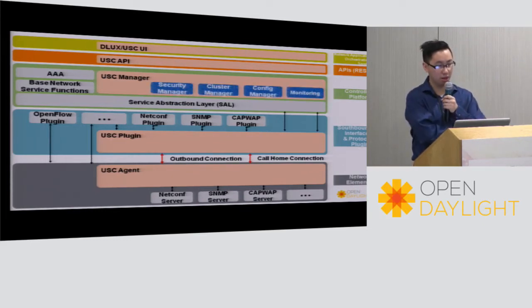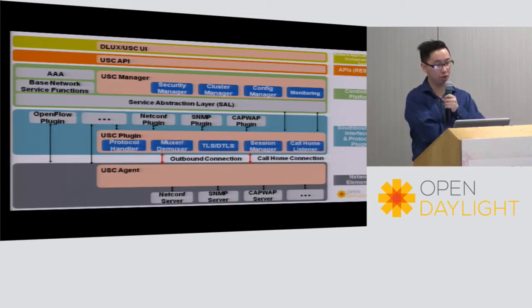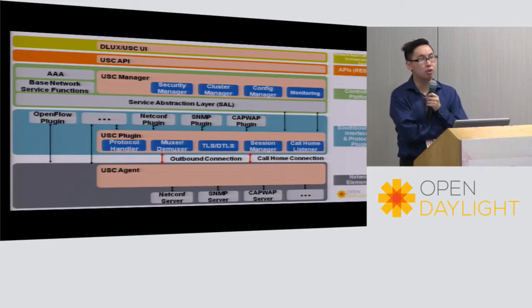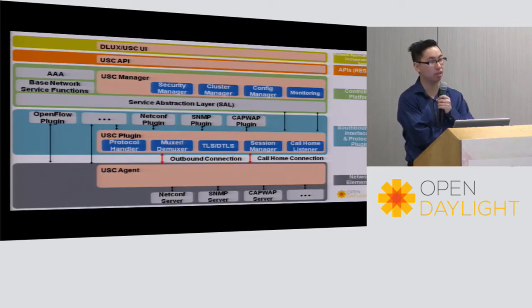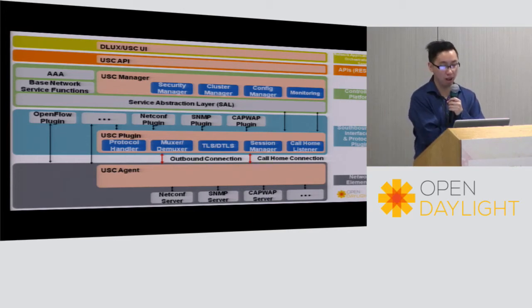Going over this again: the USC manager has security, clustering, config, and monitoring. The USC plugin has the protocol handler and the muxer demuxer we use to allow protocol multiplexing, which I'll be discussing momentarily.